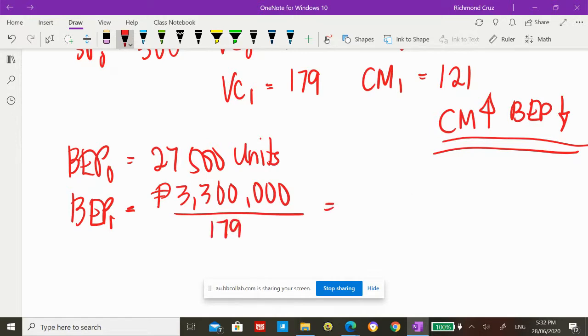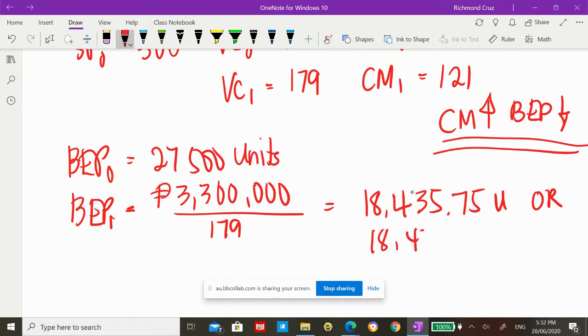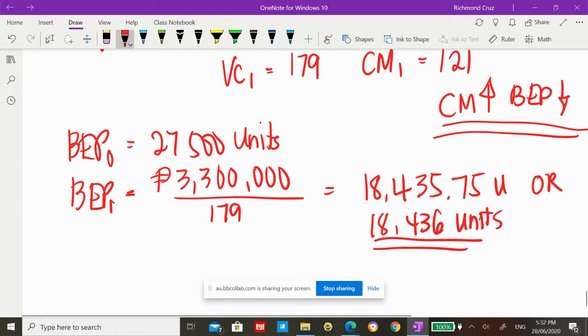So, lalabas, this is 3,300,000. Di-divide ko ng 179. So, yun. So, magiging 18,435.75 units or kasi round up daw. So, 8,436 units na para mag-break even tayo.